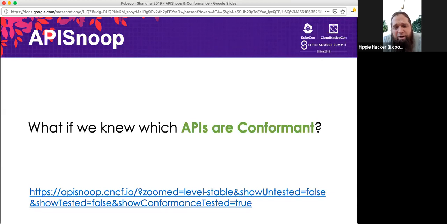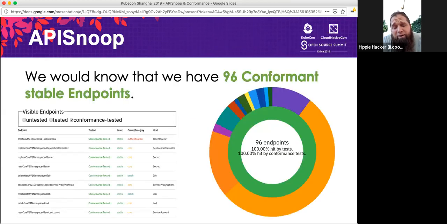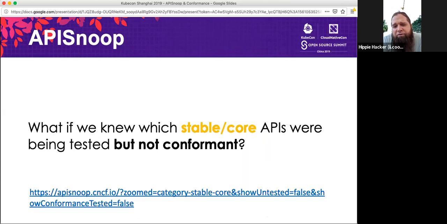If we knew which APIs are conformant, we would see that there's, I think, 96. There you go. So we have 96 existing conformant endpoints. I focused on what was stable, because sometimes there are conformance tests that hit things that aren't stable. But these are the 96 conformance stable endpoints. That gives us a base for where we are.